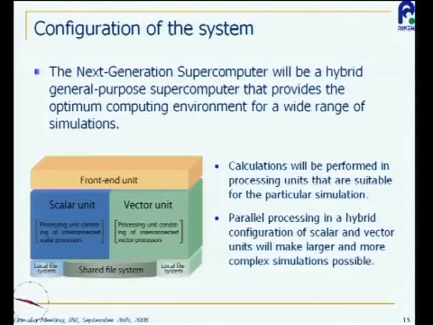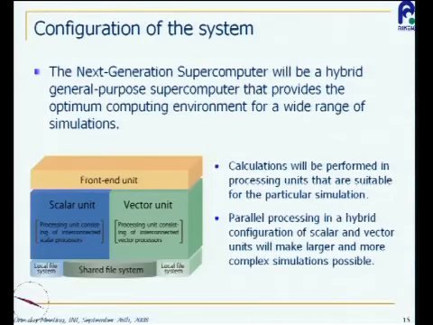This system will be composed of the scalar unit and vector unit, and the units are connected by the front-end unit. Those two units share the parallel file system, and each unit can access the shared file system to get files or save results.